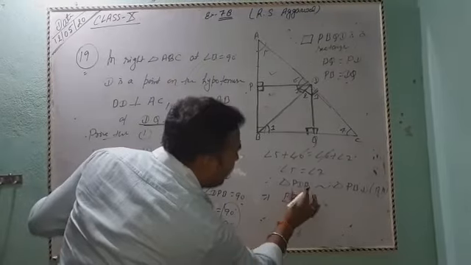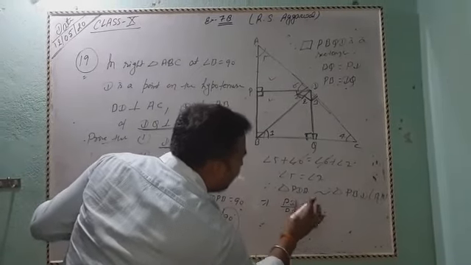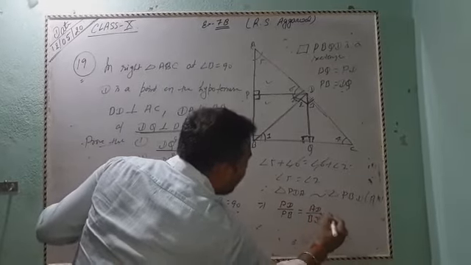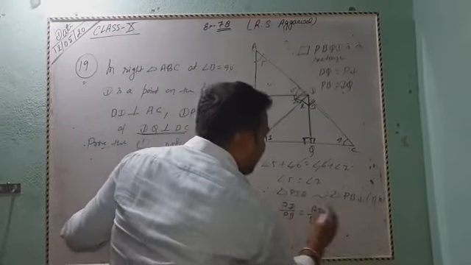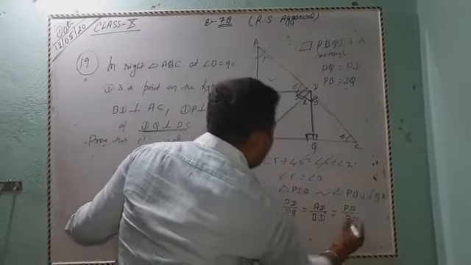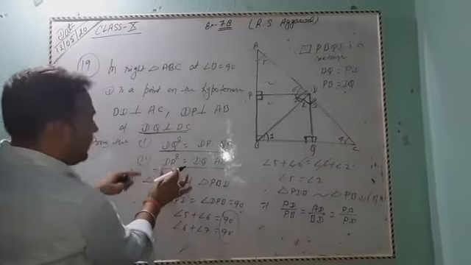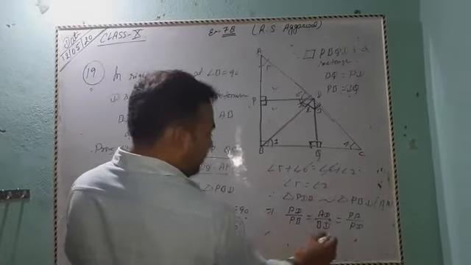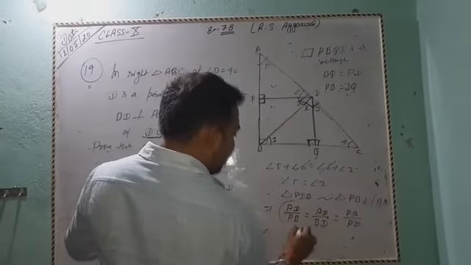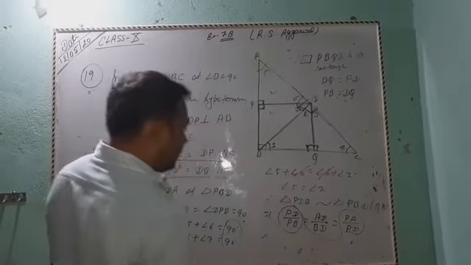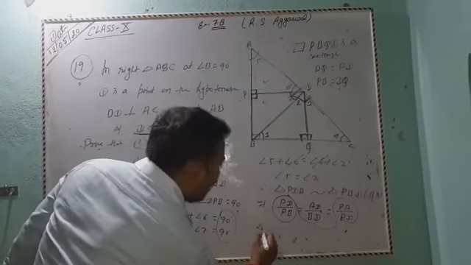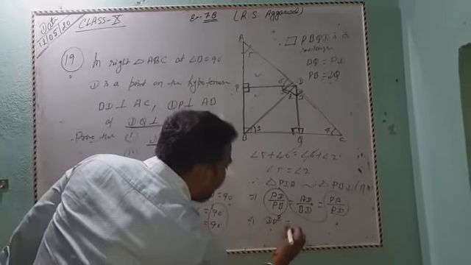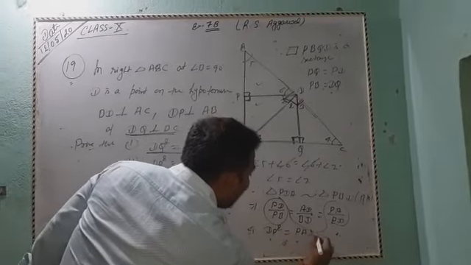And sides are proportional. So PD by PB equal to AD by BD equal to PA by PD, right? Prove that DP square. For DP, by cross multiplication, PD into PD equals PA into PB, so DP square equal to PA into PB.